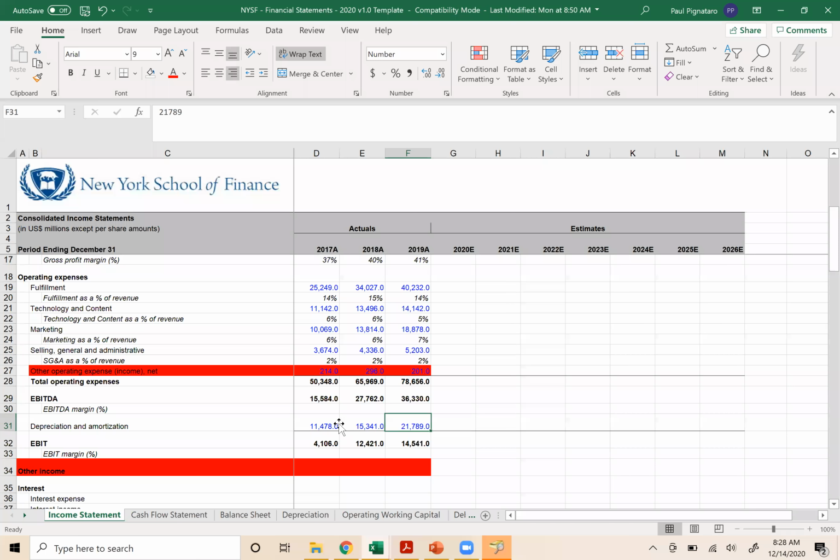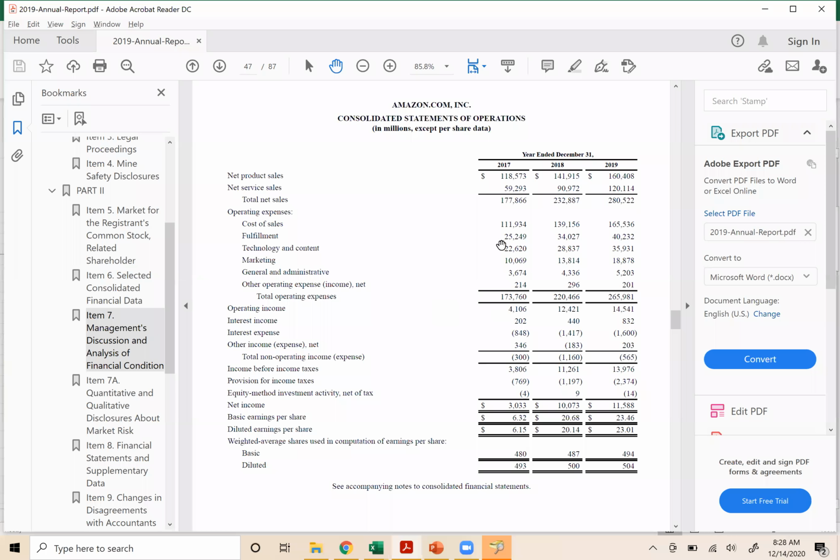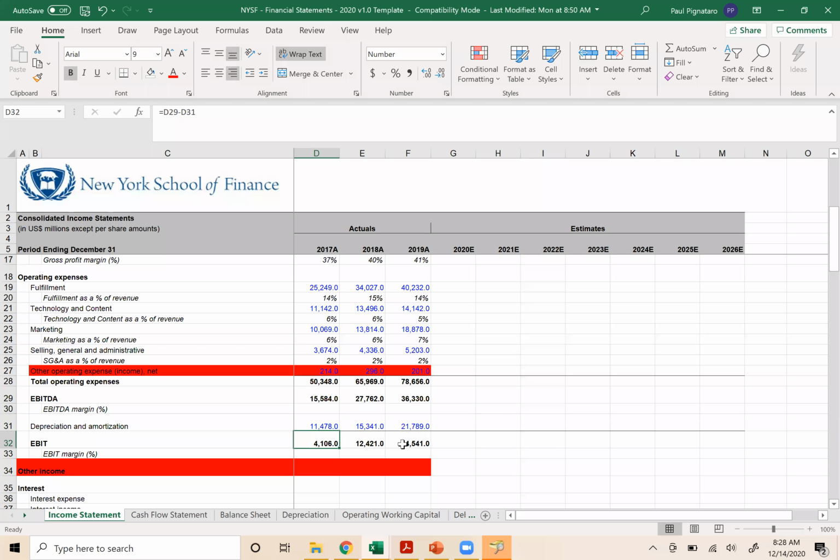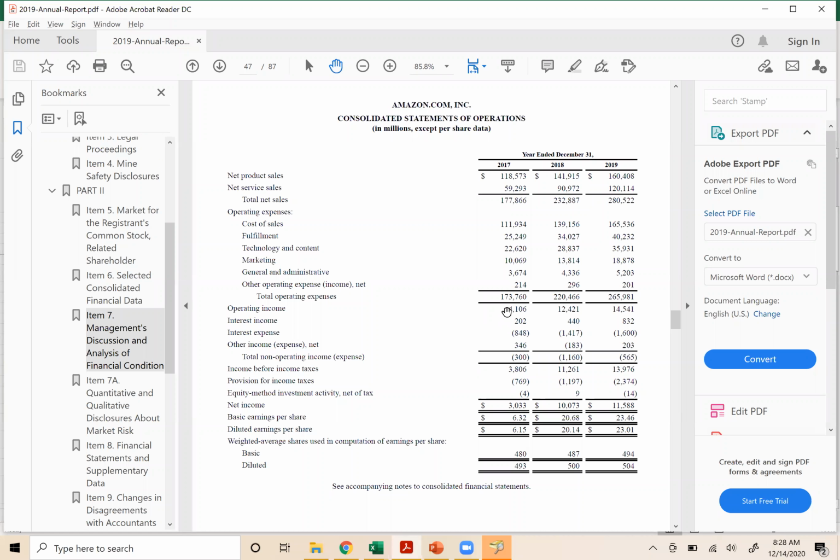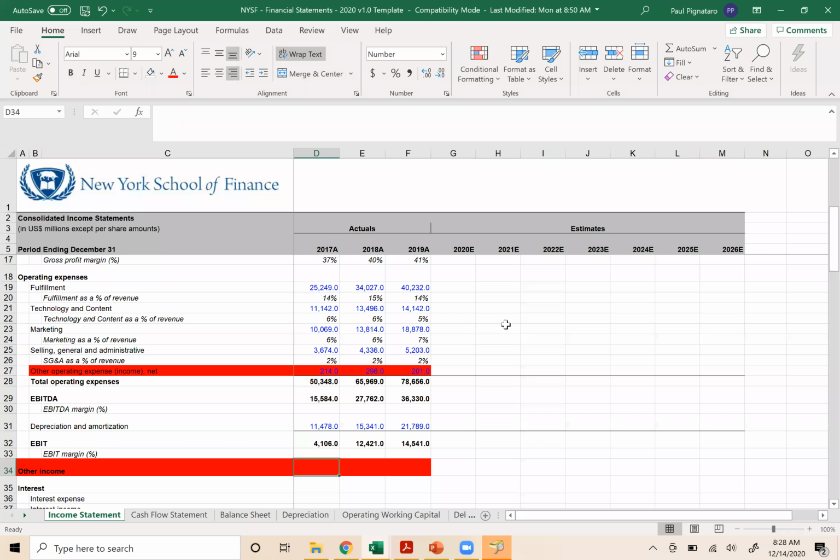I thought I made a mistake in the depreciation numbers, but I guess not. And yes, sanity check, of course. Although they don't have depreciation reported, their operating income is going to match our EBIT. And it does. Good sanity check. Never mind. No mistakes. Okay, next.